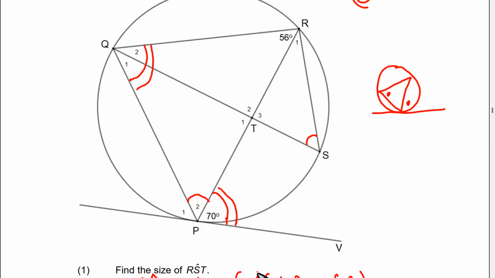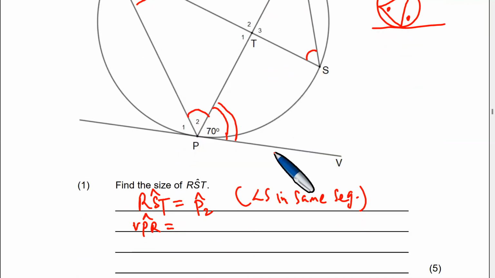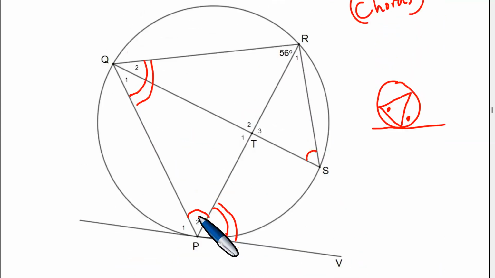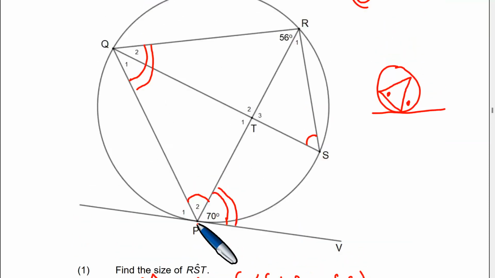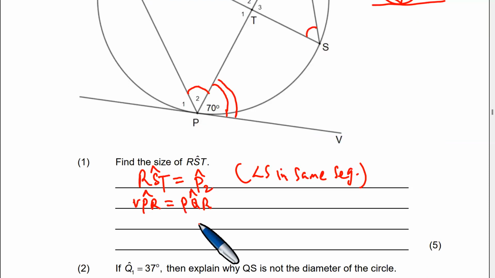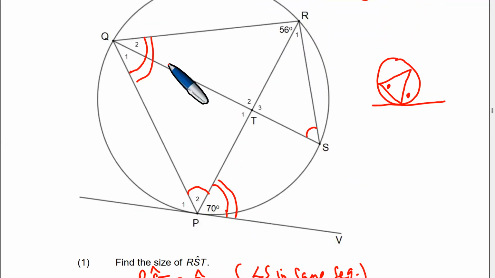You can write it as Q2, Q1, but you can write it as PQR. So angle VPR is equal to angle PQR, which equals 70 degrees.